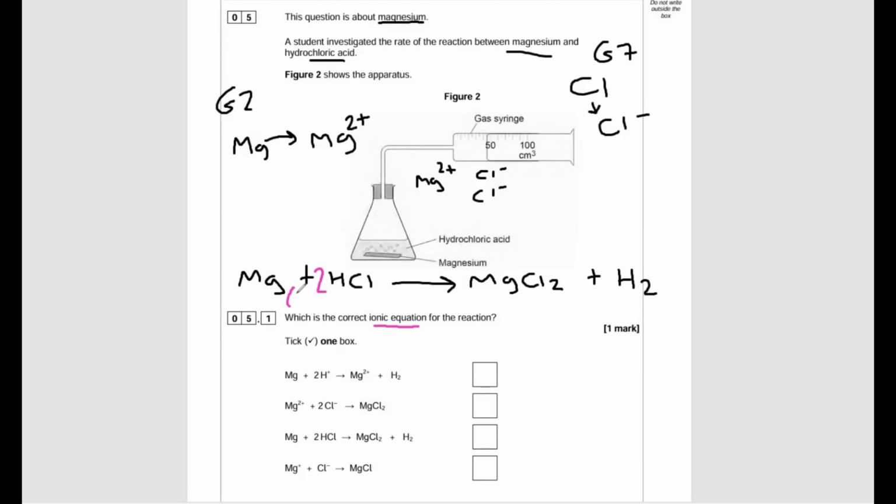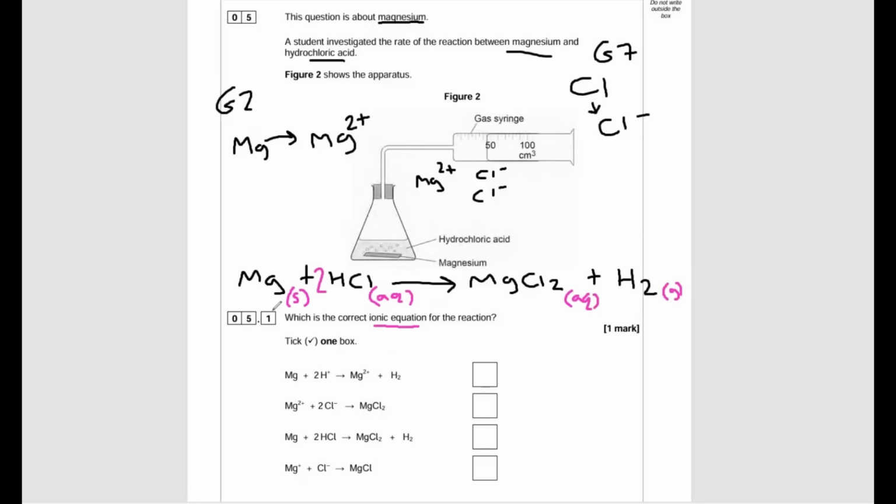Magnesium is solid, hydrochloric acid is always aqueous. Magnesium chloride that's formed is going to be aqueous because all chloride salts are soluble, and you're going to get gas given off.